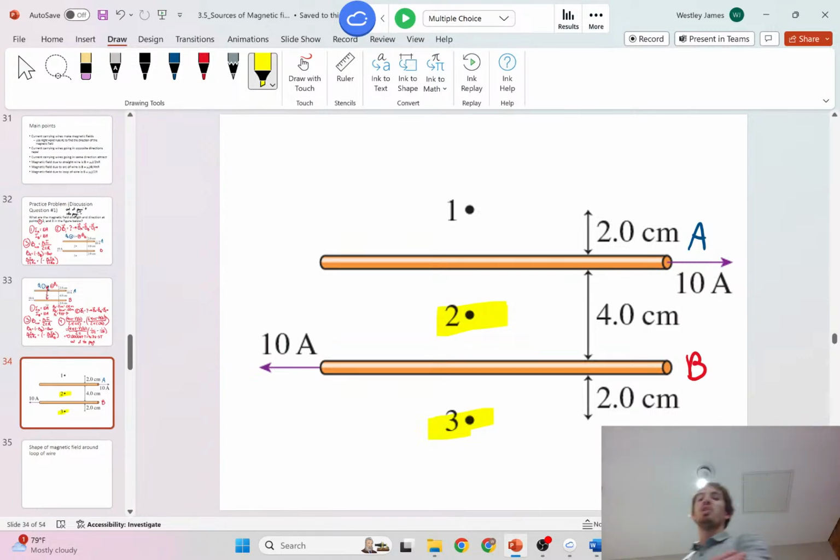So, at point 2, does the magnetic field due to A point into the page or out of the page? At point 2, does the magnetic field due to wire B point into the page or out of the page? At point 3, same thing. Because that's the hard part. Do I add my vectors or does one of them become negative? That's the tricky part to this problem.